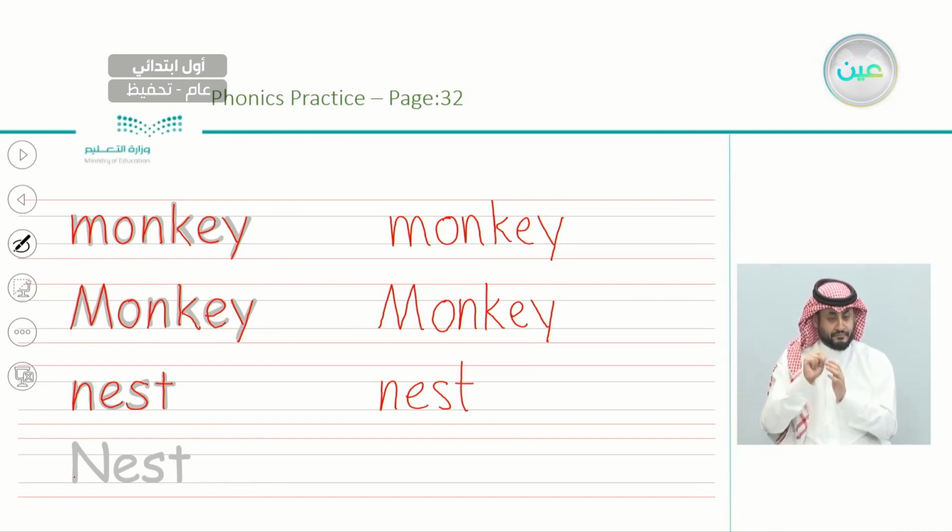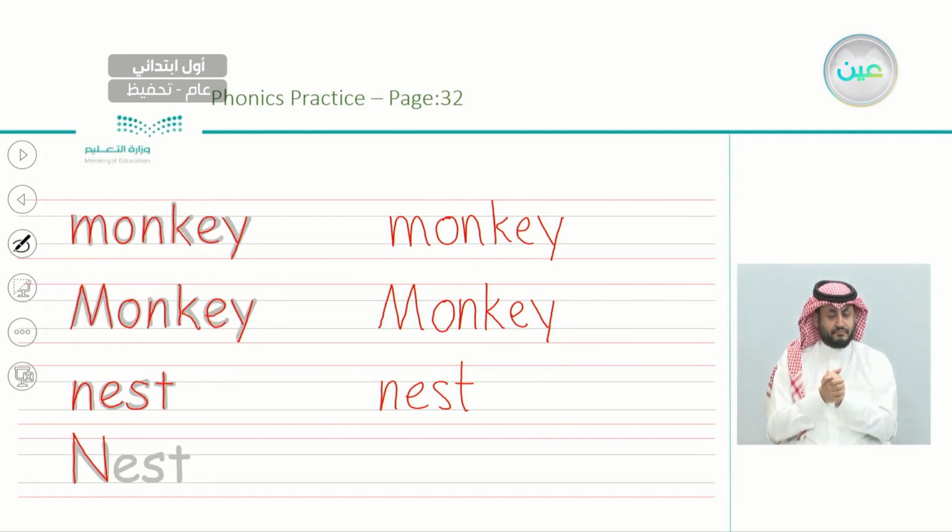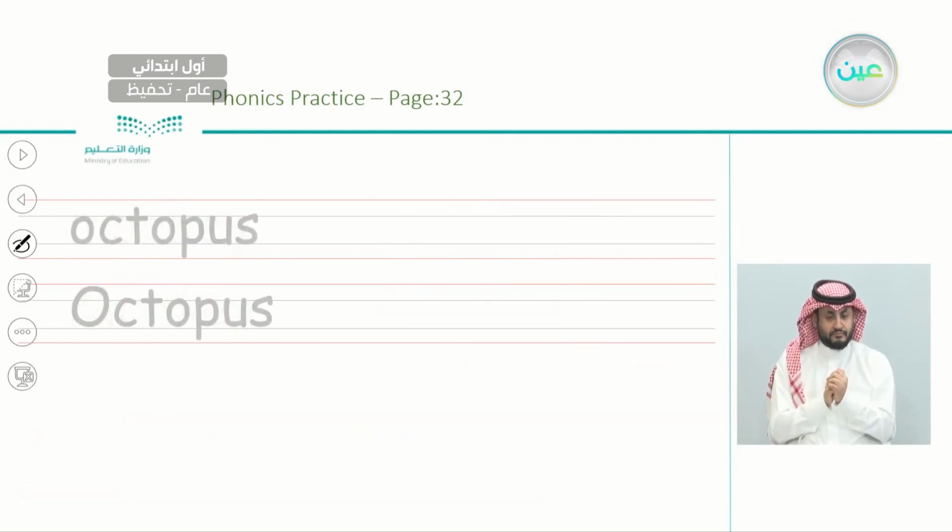Start from line number 3 to number 1, like this. Okay. After that, we have E, S, then T. Okay, let's write it one more time. N, E, S, then we have T here. Excellent, okay?